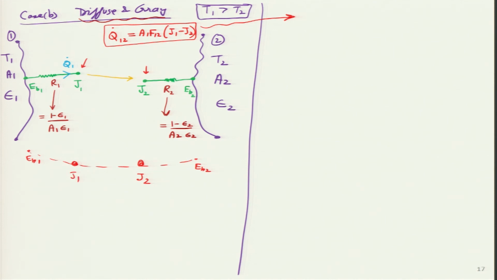So, all we have done is figure out the direct net rate of heat transfer Q dot 12 between J1 and J2, which is the difference of two brackets: this one is the net rate of heat transfer from J1 to J2, and this is the net rate of heat transfer from J2 to J1, and this is exactly what we have done over here. I think now this concept is clear.